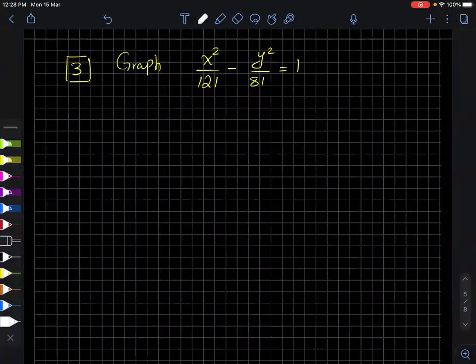When we graph the hyperbola x squared over 121 minus y squared over 81 equals 1, start by identifying a, b, and c. The a squared is below the positive variable. The positive variable here is x squared, so my a squared is 121.